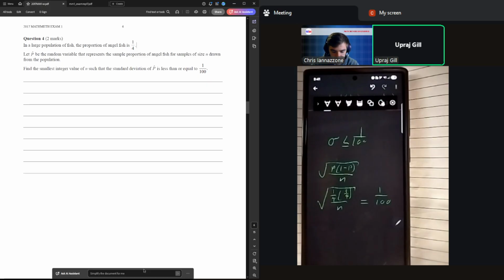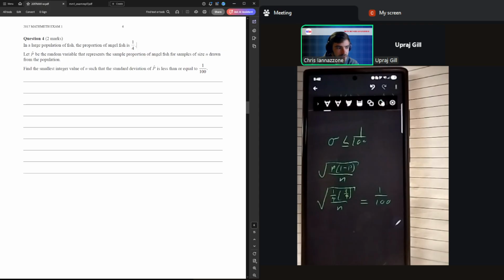Yeah. Okay. Do you want to practice the arithmetic on that, or shall I move on? I mean, I got the square root of 3 on 16n is equal to 1 on 100. And then I'm guessing we just got to remove the square root. Yeah, so squaring both sides. Both sides, yeah.